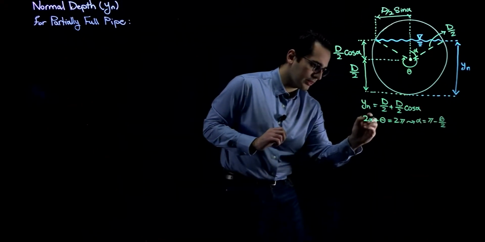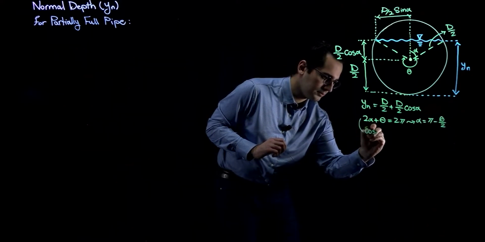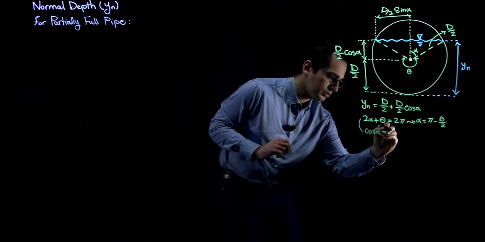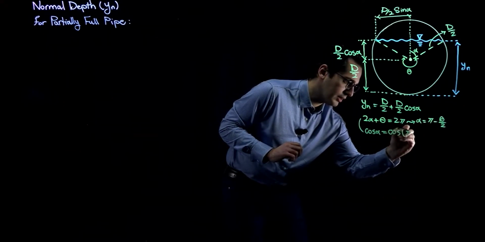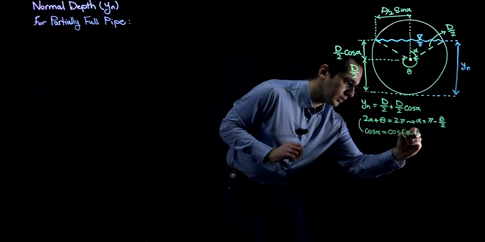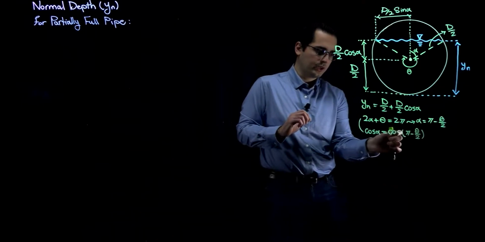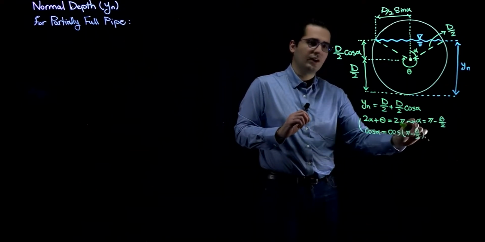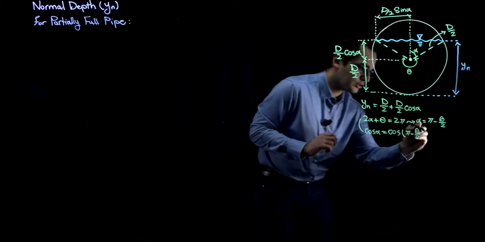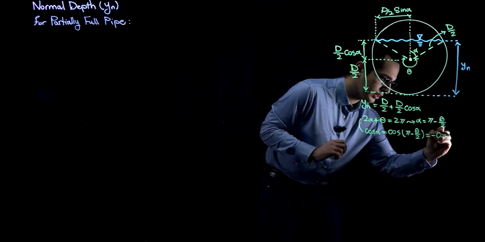But before that, I'm going to show you that I know that cosine of alpha is equal to cosine of this term, which is (pi minus theta) divided by 2. From trigonometry, you remember that cosine of pi minus whatever is negative cosine of that angle. So this is going to be equal to negative cosine of theta divided by 2.